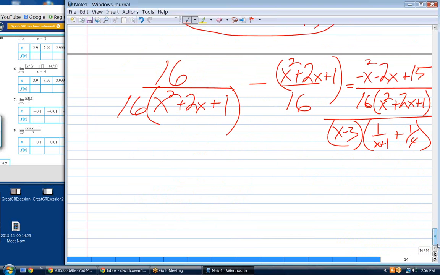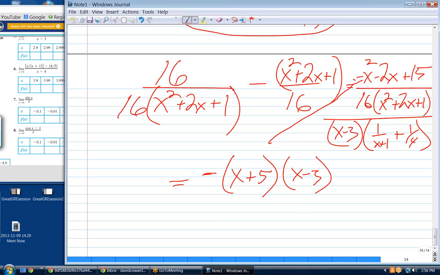Okay. Now, our numerator, let's take a negative out of it, and it's going to factor into x plus 5 and x minus 3. You see how that is equal to that? And then we have an x minus 3.